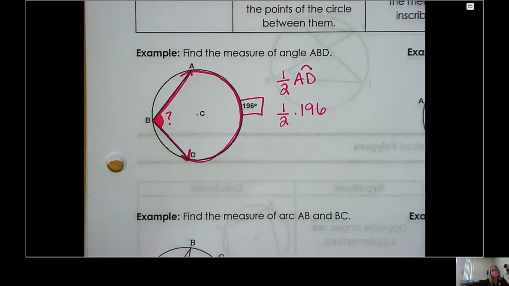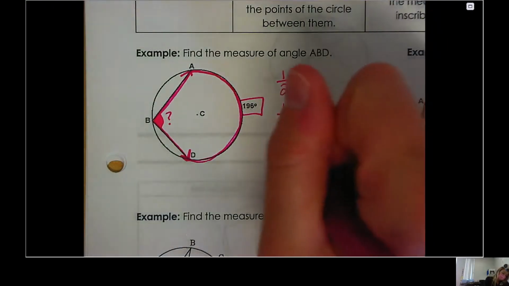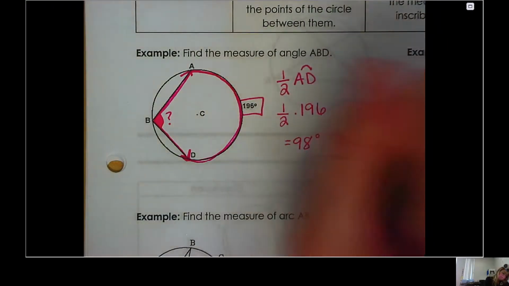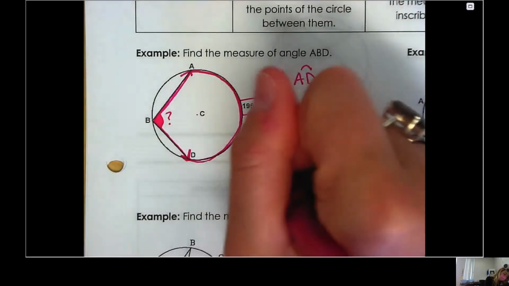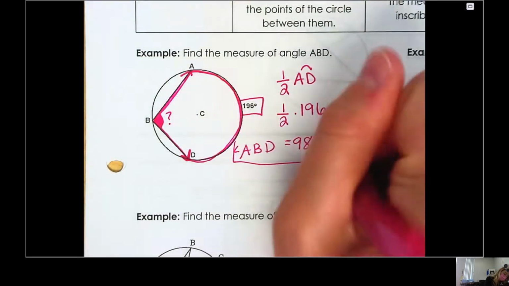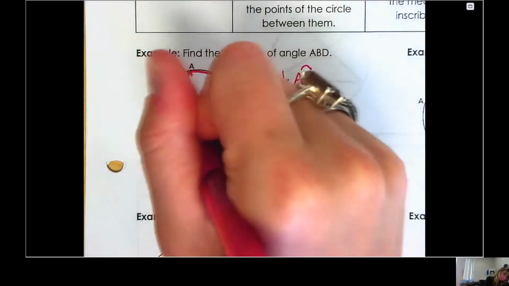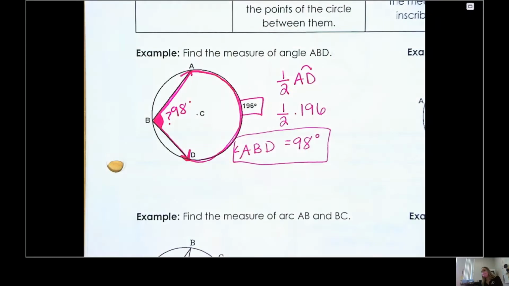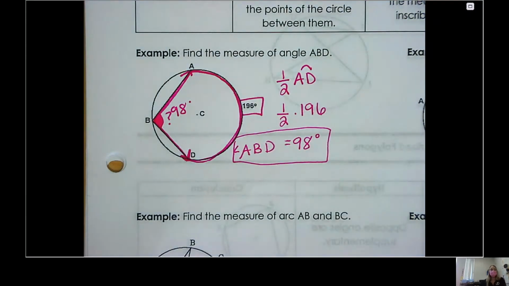So what is half of 196? It's 98 degrees. Ta-da, and you're done. So angle ABD is 98 degrees. That was the whole problem. Nothing more. Easy, huh? Too easy.